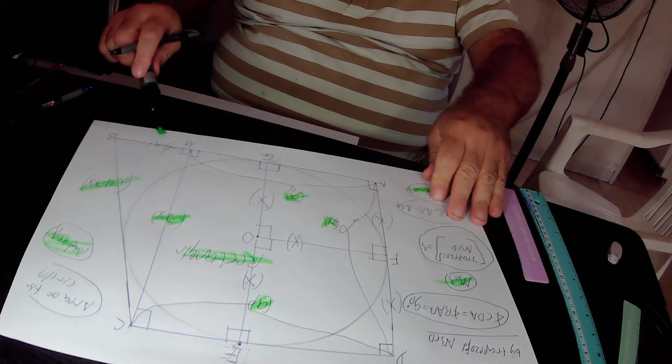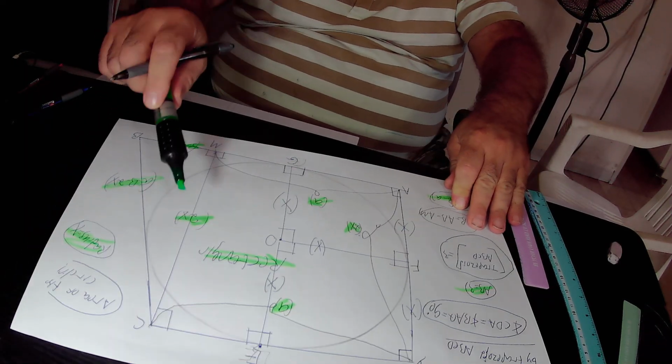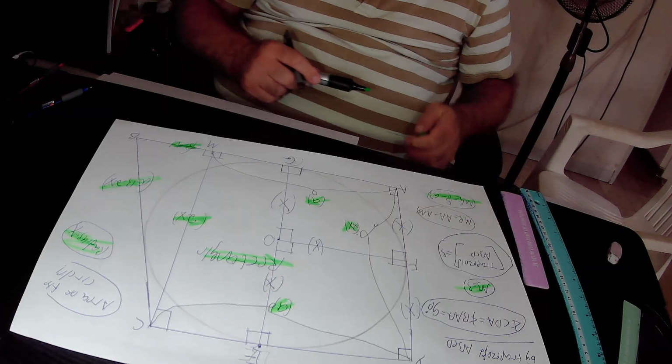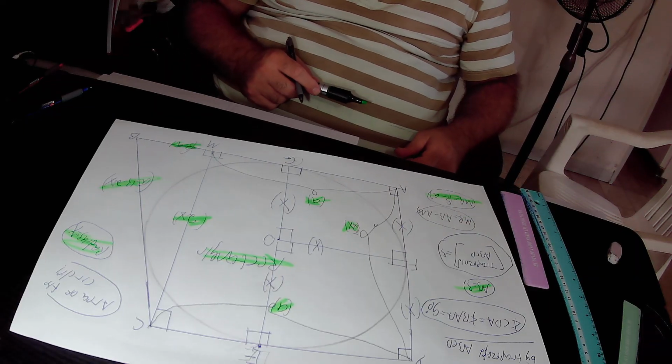In the next step, I'll copy the right triangle CMB onto a new page, and we will apply the Pythagoras theorem on this right triangle CMB.